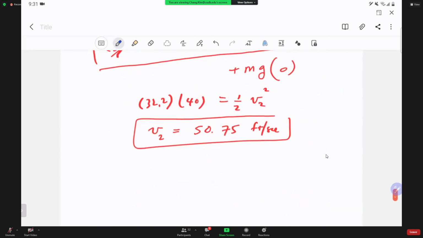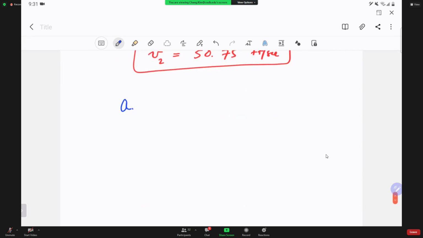So let's take a look. The component of the normal directional acceleration here is velocity squared divided by r. So velocity was given as 50.75 squared divided by 20. Then you should know how much the acceleration is going to be.